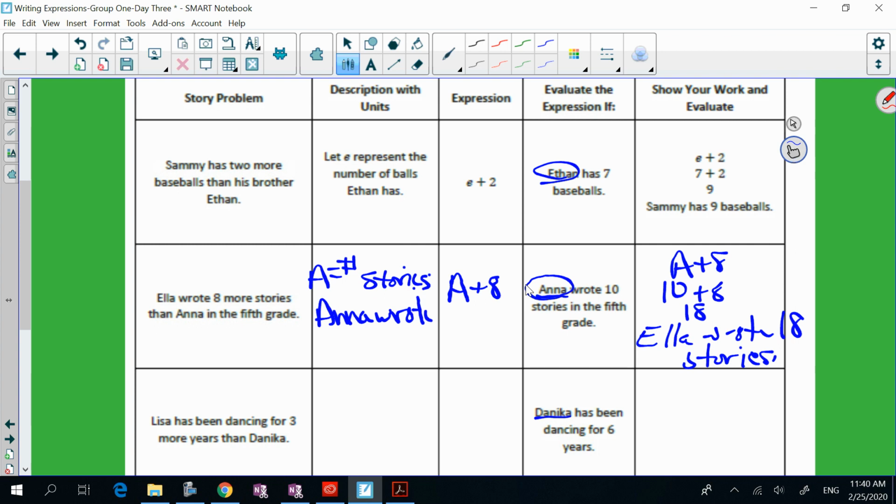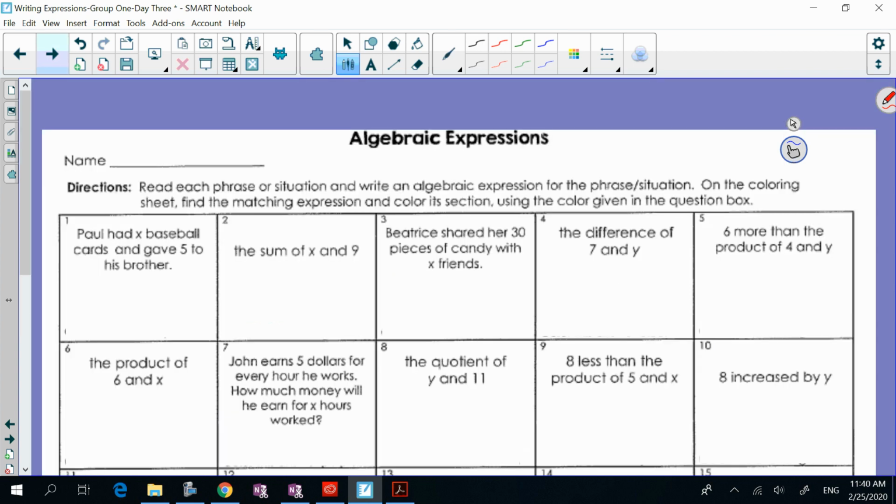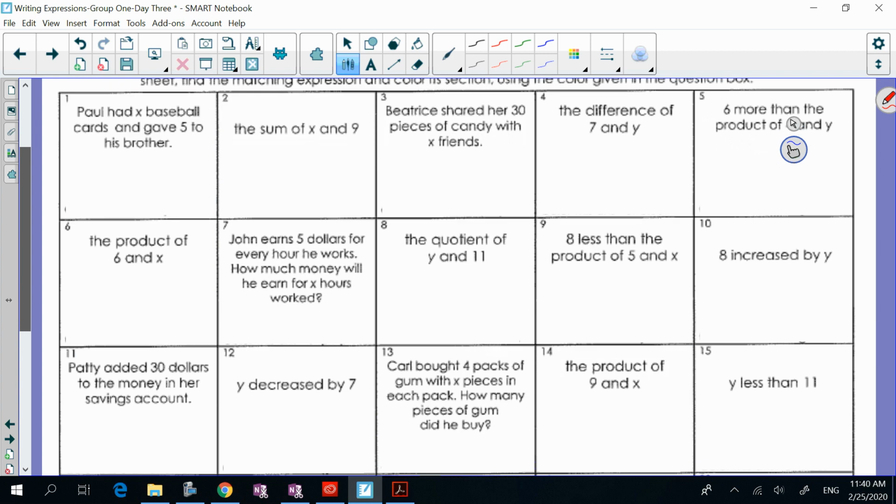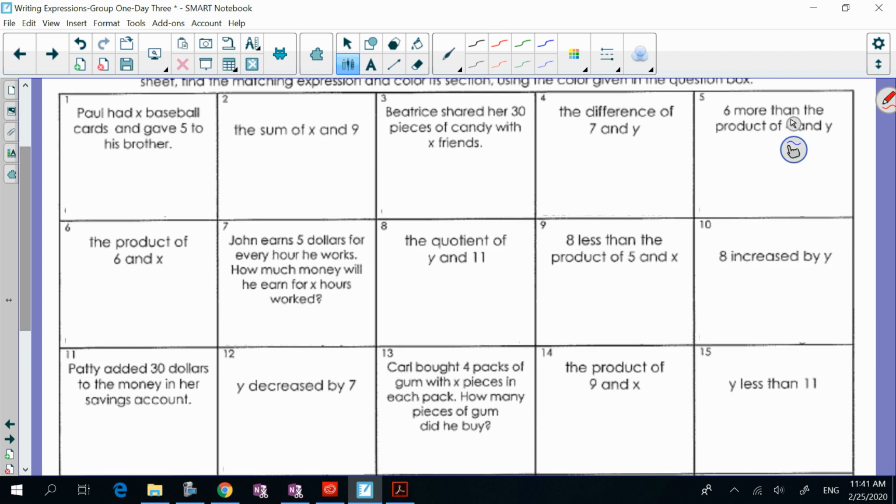Okay, you guys don't have this piece yet. I'm about to hand it out to you, but I want to show it to you while we're on recording. Here's the other piece of your homework. This is the algebraic expressions one. This is really simple, guys. All you're going to do, Paul had X baseball cards and gave 5 to his brother.